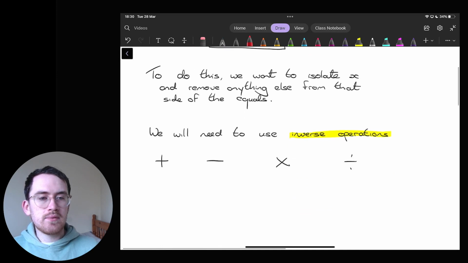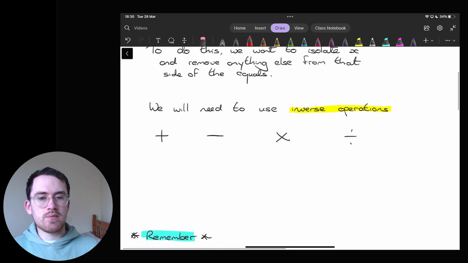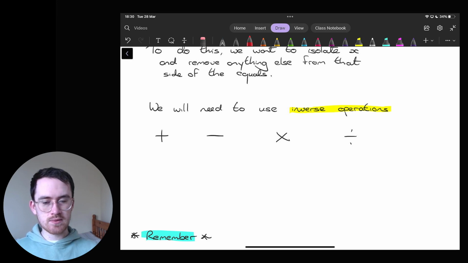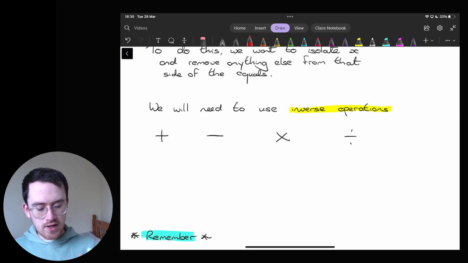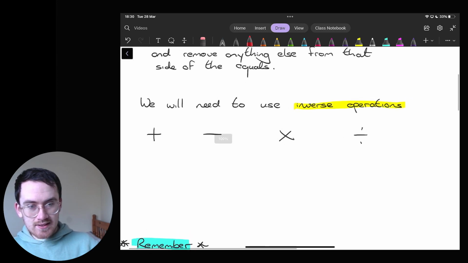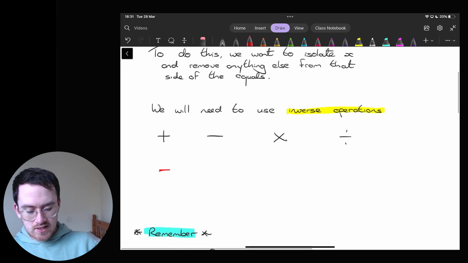And in order to do that, we'll have to use what we call inverse operations. Inverse means kind of the opposite. If you invert something, you kind of turn it upside down, you turn it on its head, you're doing the opposite of it. So we have to look at our operations. The four operations in maths we should know are adding, subtracting, multiplying and dividing, the four that we're going to focus on. The inverse of adding, the opposite of adding, is subtracting.